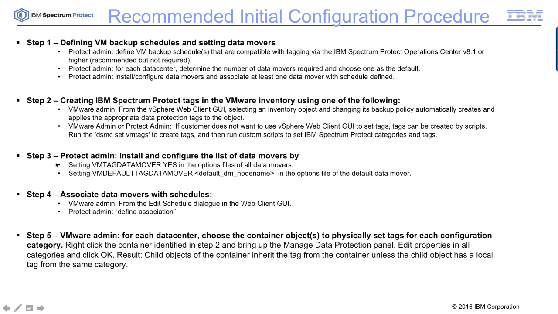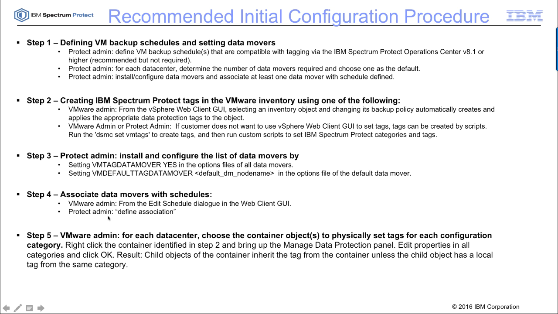Step 3, you're going to install and configure the data movers, including setting up a default data mover and telling the data movers that you're going to use tagging in VMware to control the backups. Step 4, you're going to associate the data movers with schedules, and we'll take a look at some of those dialogues in the VMware web client GUI.